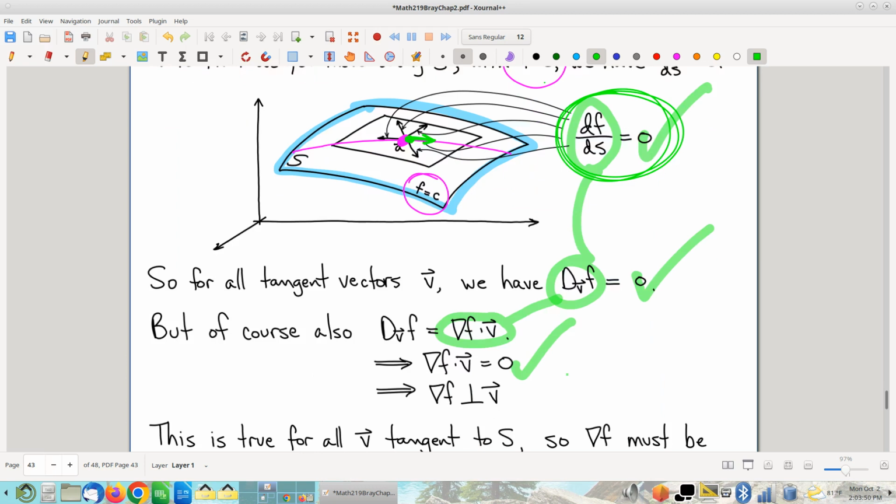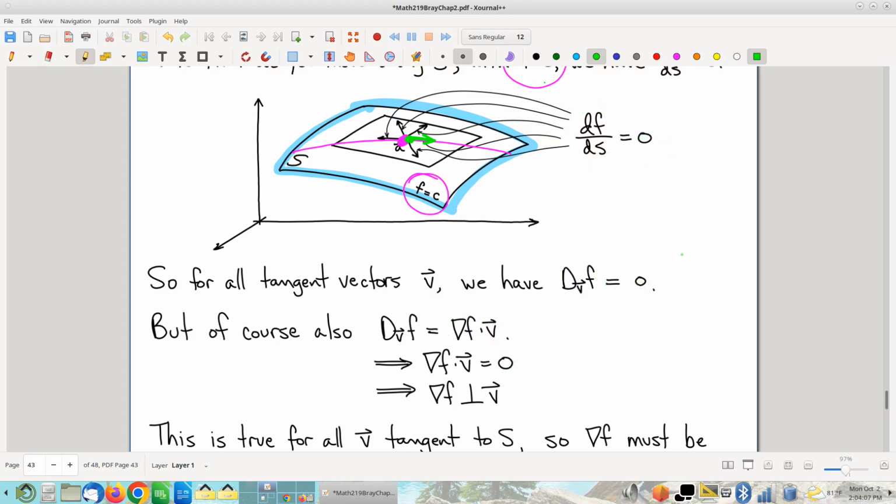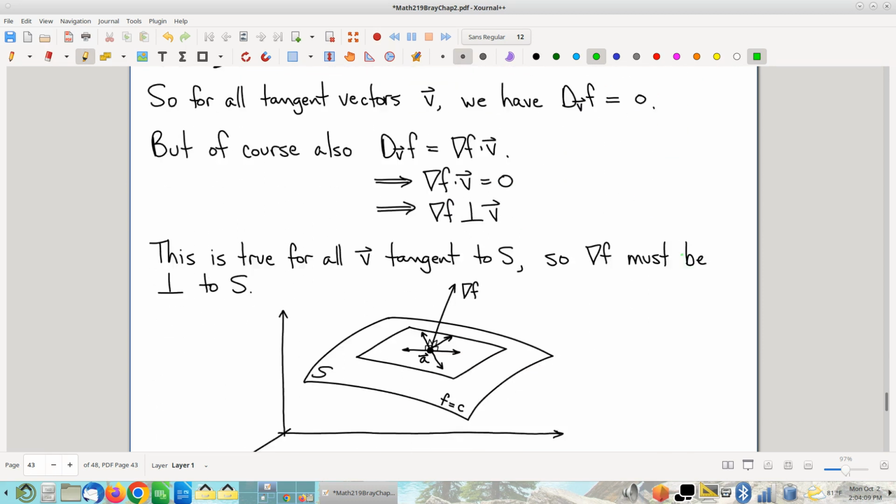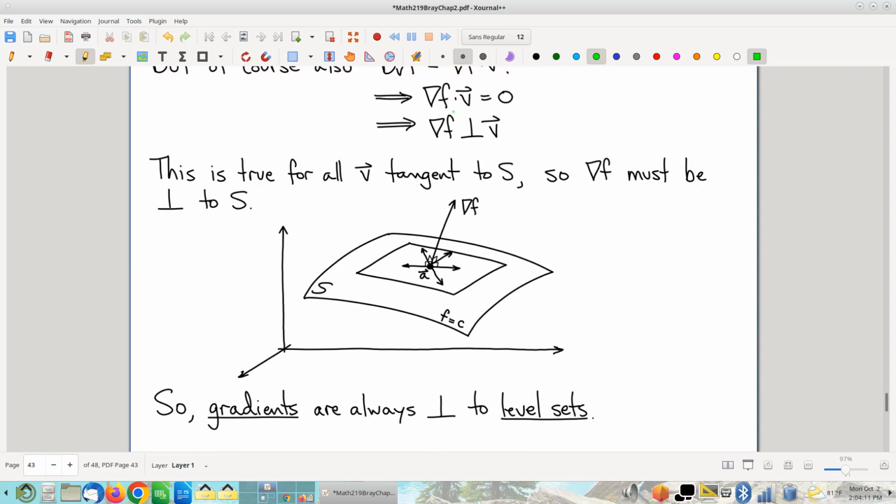And we hopefully all just had a reflexive knee-jerk reaction because we heard someone say the phrase dot product is 0. When a dot product is 0, the vectors are orthogonal, right? So that's the beautiful punchline here: gradient vectors are always orthogonal to all tangent vectors.